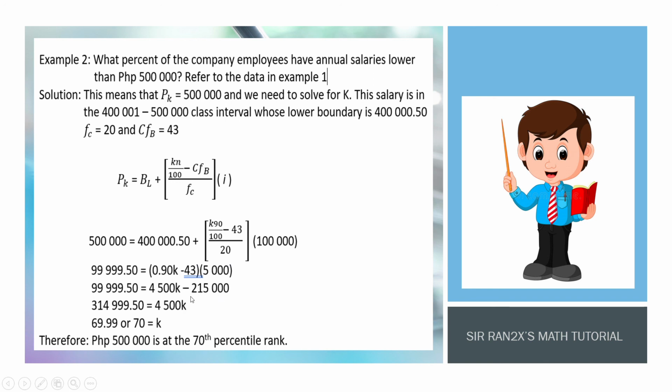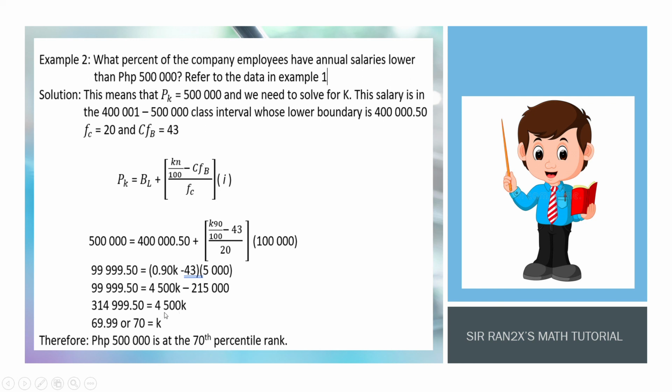To isolate the term 4,500k so you can solve for k, bring 215,000 to the other side and it becomes a plus. 99,999.50 plus 215,000 becomes 314,999.50, and that is now equal to 4,500k.